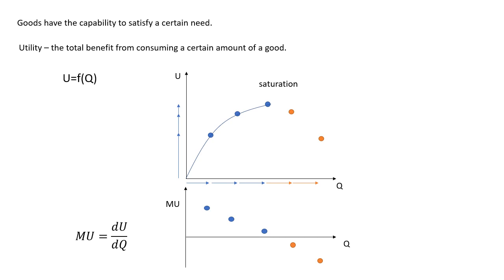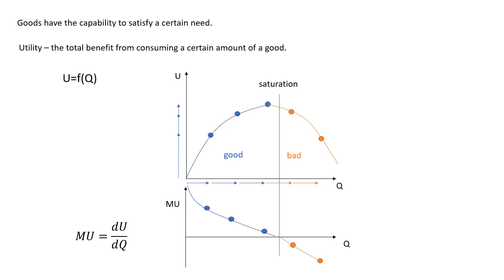So altogether, here we found that initially we have a nice positive sloping utility function with a positive but diminishing marginal utility function, but after the point of saturation we have a new part of the utility function where we have a negative marginal utility.